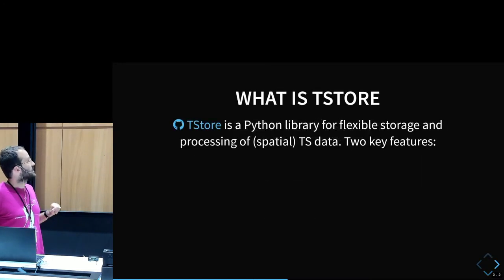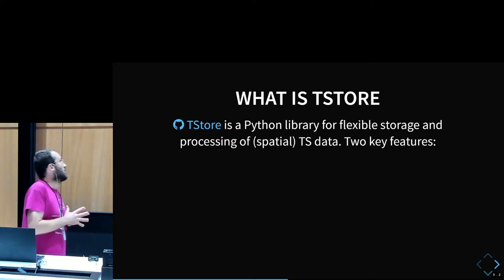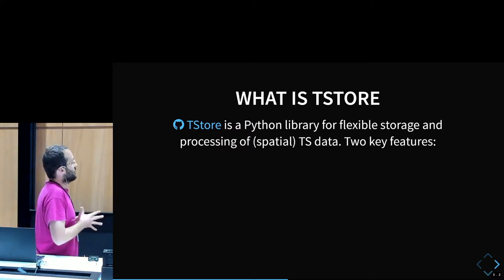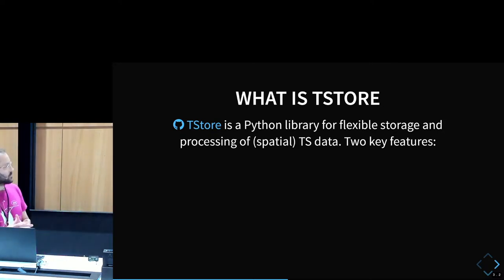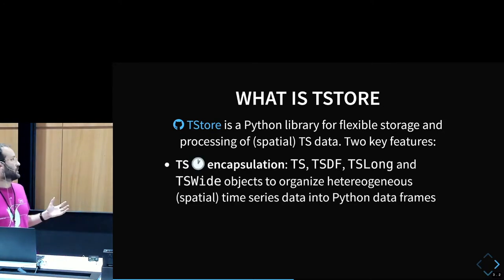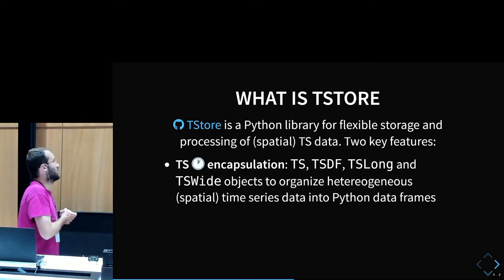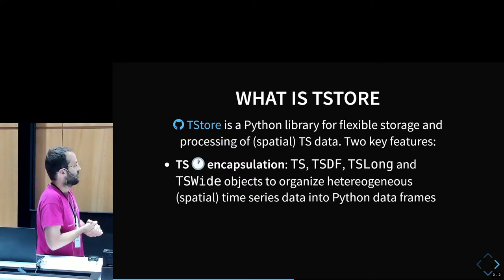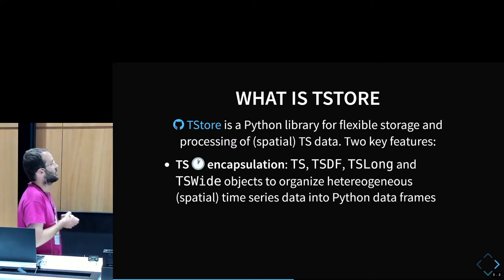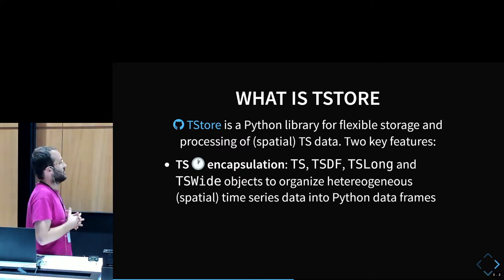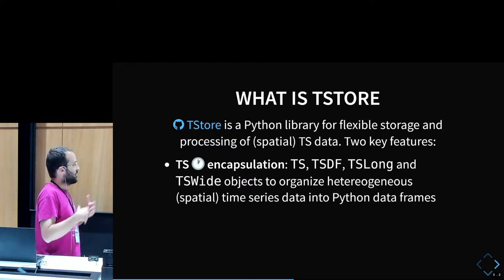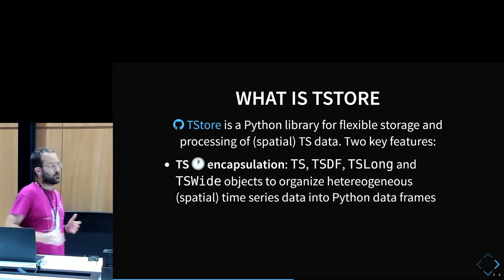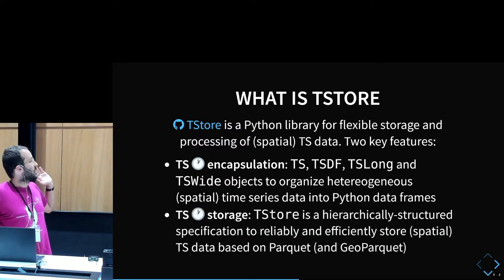It's called TSStore. To clarify a bit the terms, TSStore is the name of the library, and it has two main features. The first one is a set of objects, the TS object, TSDF, TSLong, and TSWide objects, that encapsulate time series data so that we can organize them, even if they're heterogeneous, into Python data frames.